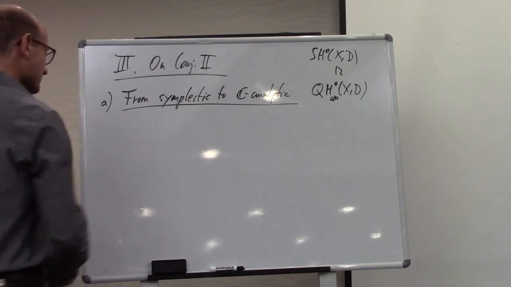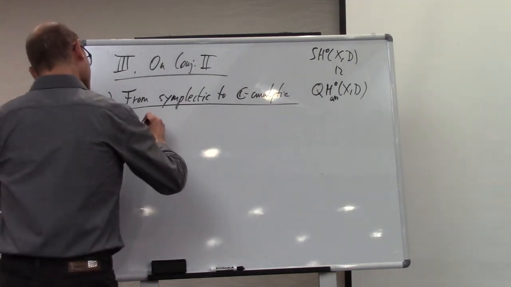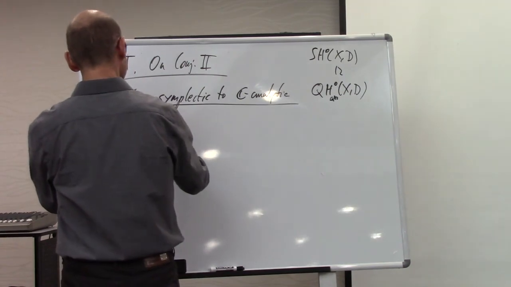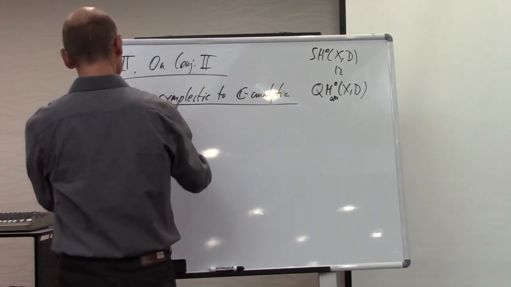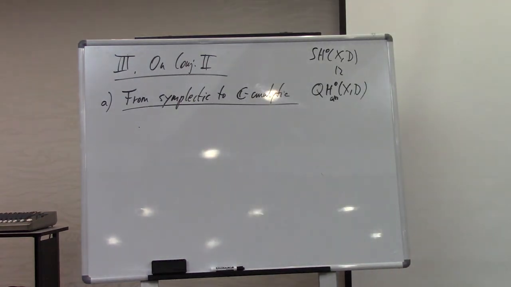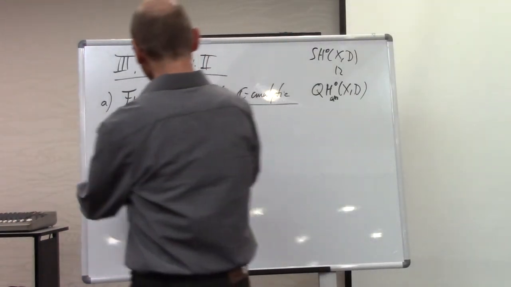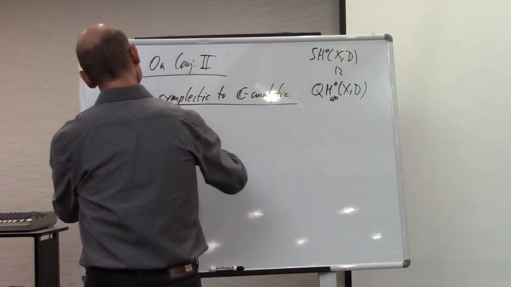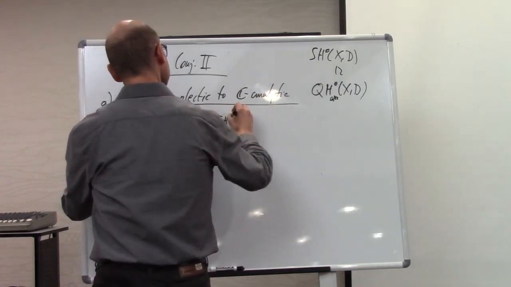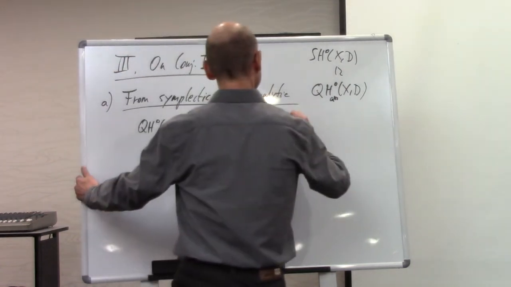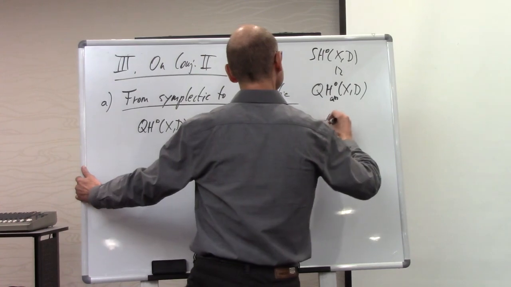Okay, so the idea is pretty obvious. You would have to count cylinders. So what you want is to write down a morphism from QH0 to SH0 by counting cylinders, in the usual fashion.